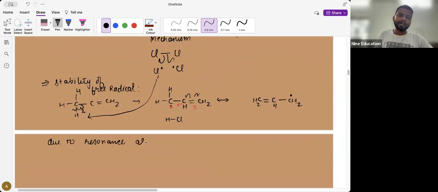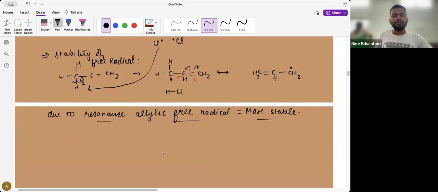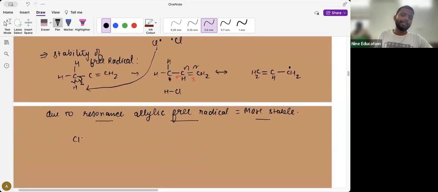this allylic, which radical is this? Allylic radical. The allylic free radical is more stable. Due to resonance, this allylic free radical will be more stable, and once this allylic free radical is made, we have this allylic free radical.